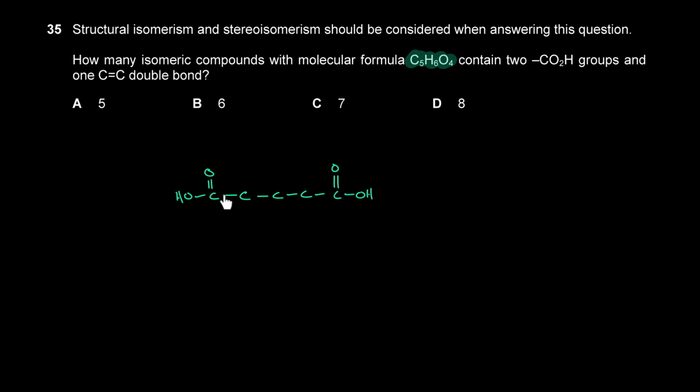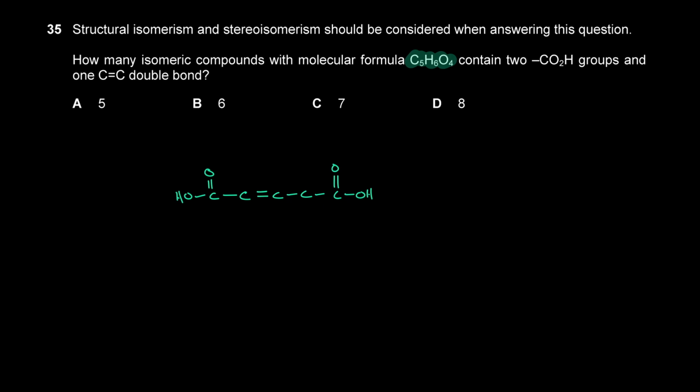It's not possible to have double bonds over here or here, because this carbon atom is already making 4 bonds: double bonded to an oxygen, bonded to an oxygen here, and bonded to a carbon here. So you can't have a double bond here, you can only have it somewhere in the middle. You can have it here or here, and it doesn't matter where, because it's symmetric.